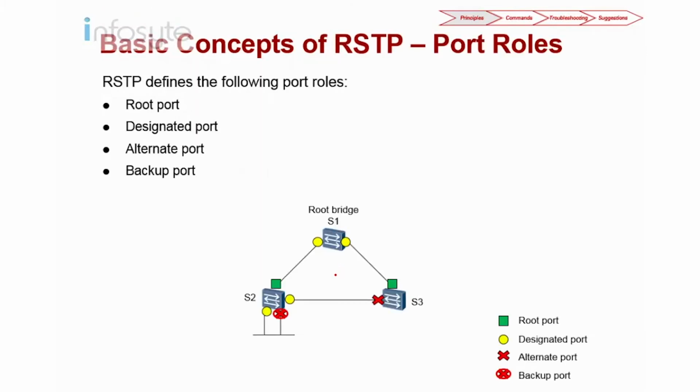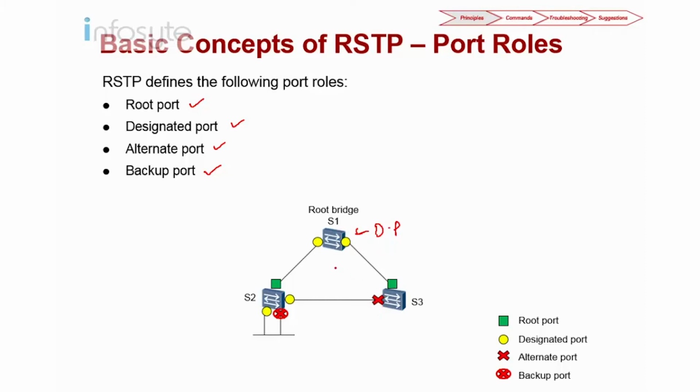Now firstly, let's look into the port roles. In RSTP, we have the root port, designated port, alternate port, and something that you do not have in STP, called the backup port. So here we have more detailed port roles. Here I have the root bridge. The root bridge, as usual, still has the designated port.